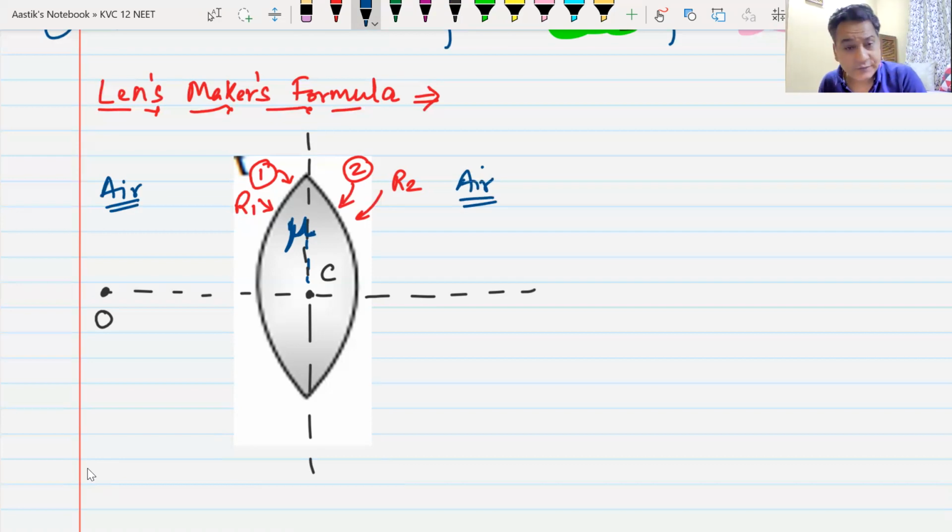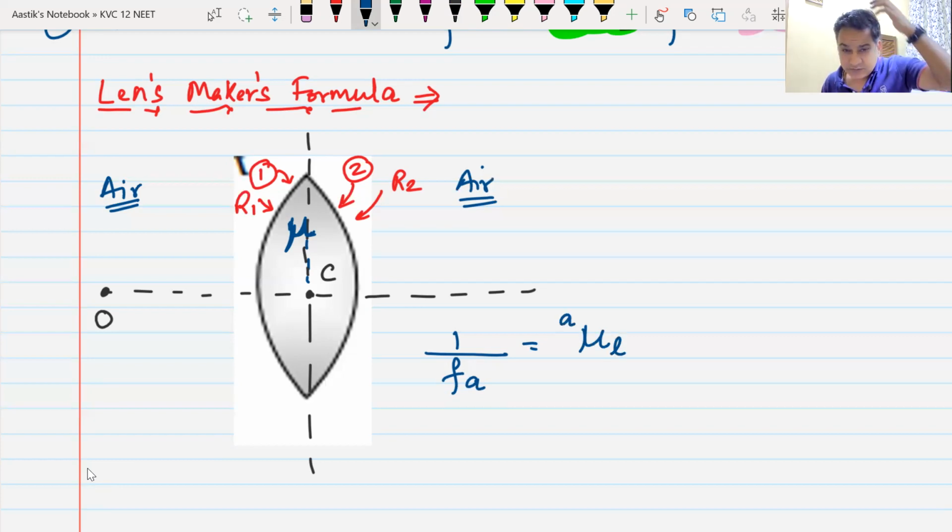Do we understand the scenario? Then we can find the focal length of this lens. We are not going to get into the derivation. The focal length of this lens: 1 by FA, where FA stands for focal length in air, equals mu LA minus 1, times 1 by R1 minus 1 by R2. Why am I writing it as LA?